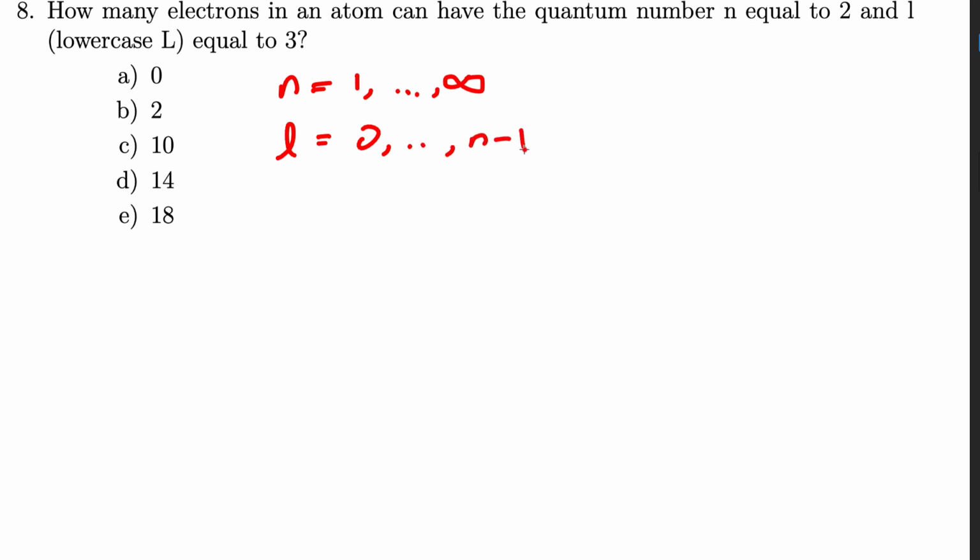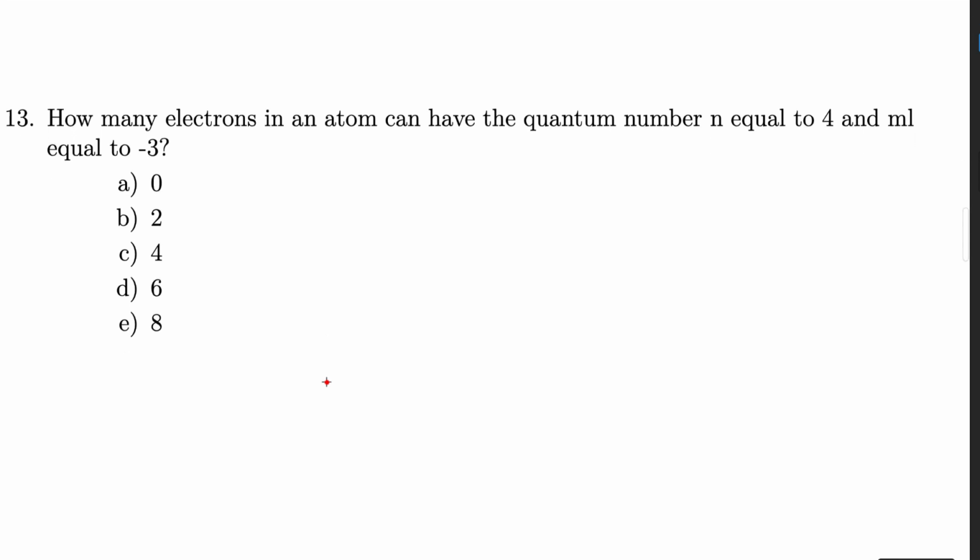Now it says n equals 2 and L equals 3. Well, that's not possible. L is limited by the value of n. So if n equals 2, L can only be 0 and 1. So please make sure you remember what the limitations on these quantum numbers are.